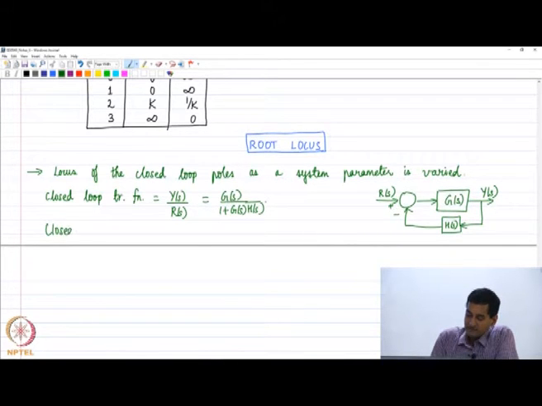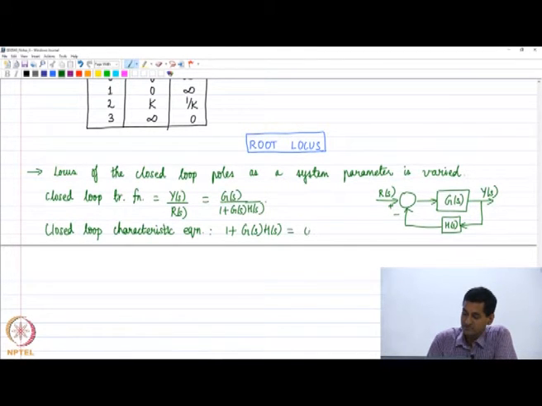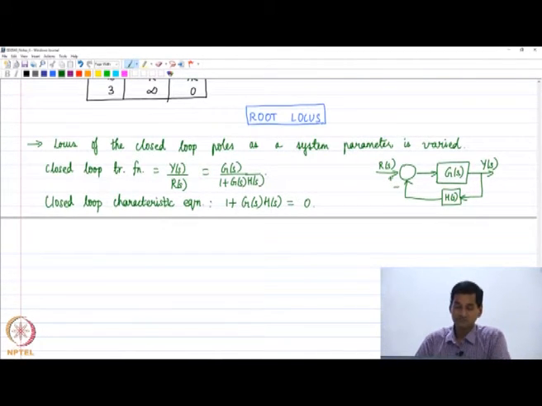Immediately we know that the closed loop characteristic equation is given by 1 plus G of s H of s is equal to 0. That is the closed loop characteristic equation. 1 plus G of s H of s is what is called the closed loop characteristic polynomial, and 1 plus G of s H of s equals 0 is the closed loop characteristic equation.